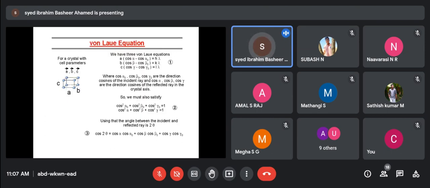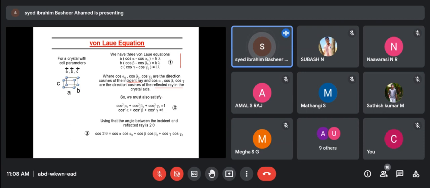Now we have three Laue equations, one for each axis. a (cos alpha minus cos alpha 0) is equal to h lambda. b (cos beta minus cos beta 0) is equal to k lambda. c (cos gamma minus cos gamma 0) is equal to l lambda, where cos alpha 0, cos beta 0, cos gamma 0 are the direction cosines of the incident ray, and cos alpha, cos beta, cos gamma are the direction cosines of the reflected ray.